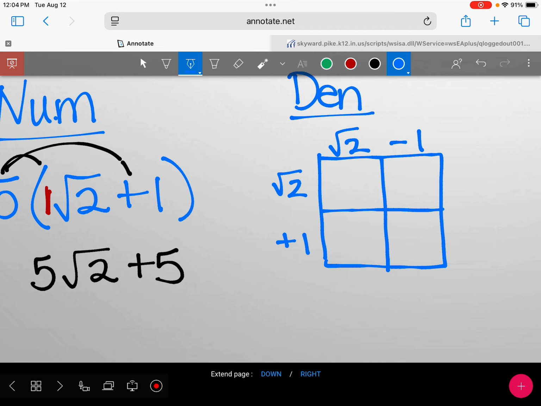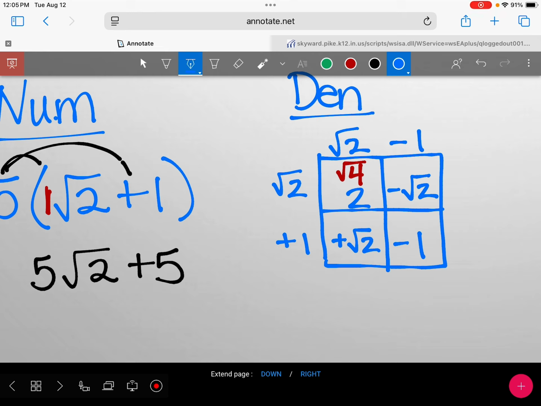So we start off with the square root of 2 times the square root of 2, which is the square root of 4. And the square root of 4 is simply 2. So that's what I have in that first box. That first box just has a 2. The second box has a negative root 2, and this one has a positive root 2. And this has a negative 1.